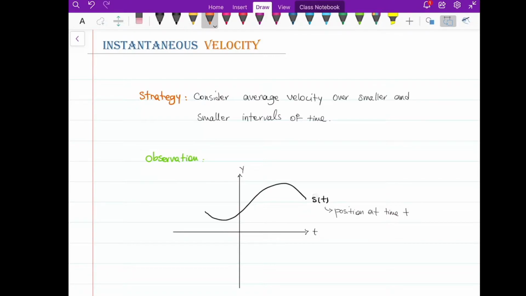Then we have, for example, this is the time a, and assume that this is the time b.